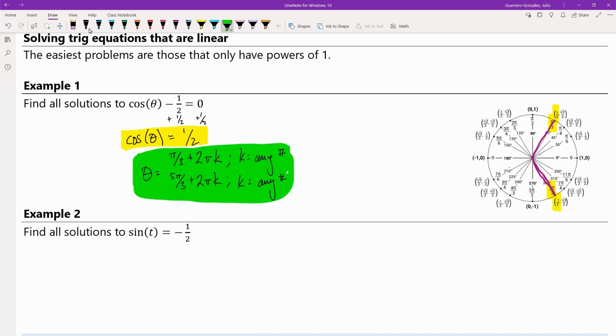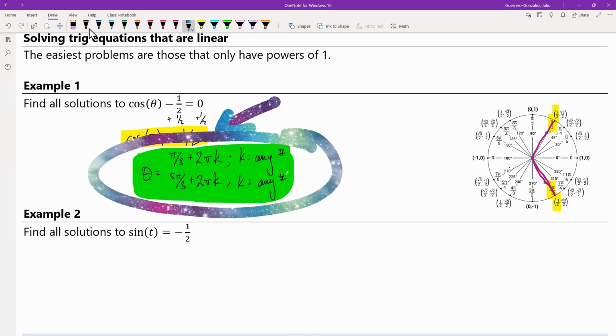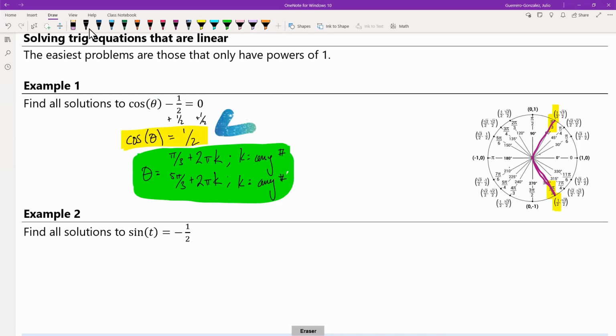Notice how this one doesn't say when I have to stop. It's talking about all the angles that make this true, and that is all of these. A little bit later in this section, I'm going to show you that sometimes it might restrict. So we've got this one answered.